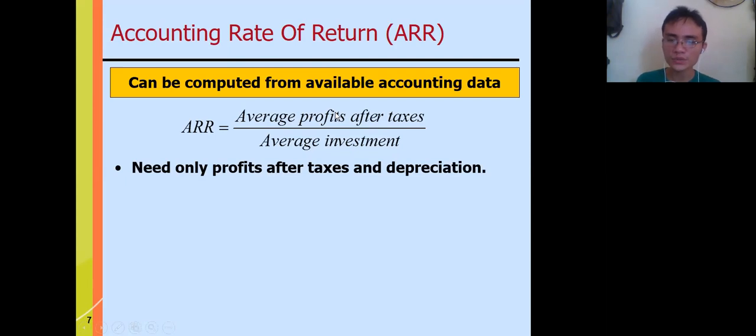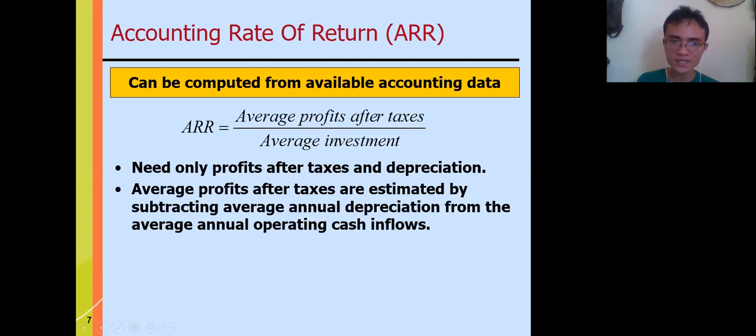Therefore, for example for 2 years, we divide that by 2. Then this needs only profits after taxes and depreciation. And then average profits after taxes are estimated by subtracting average annual depreciation from the average annual operating cash inflows.